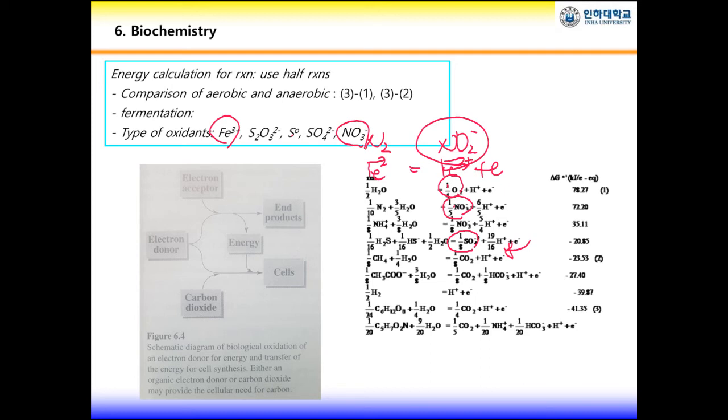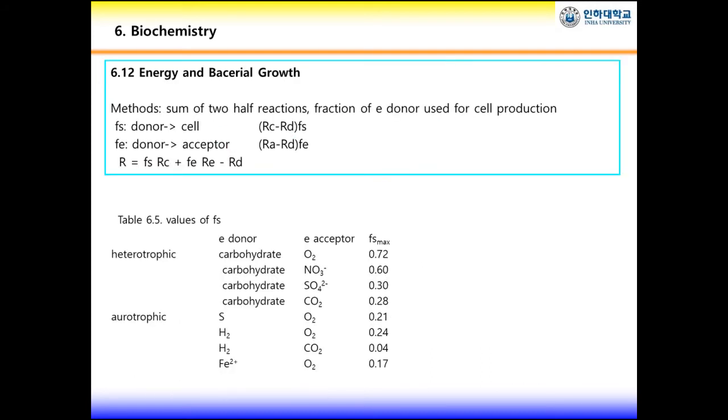Okay, let's go to the next slide. So, to complete the biological reaction, as I told you, we have the half reaction for the electron donor. Part of this electron goes to the cell, and part of it goes to the electron acceptor.